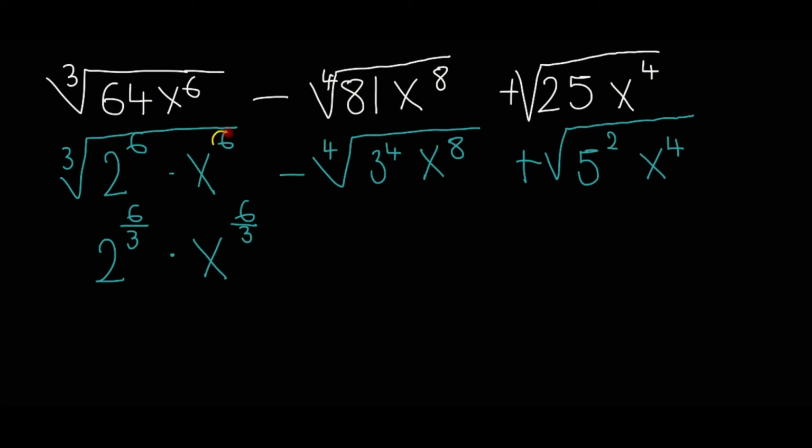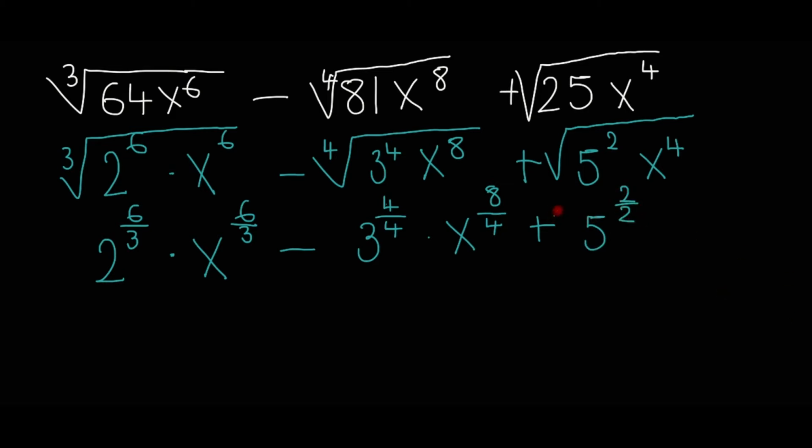So this one is divided by this one, and then for this one we have minus 3 to the power 4 over 4. This 4 we divide by this 4, and then write the same thing, we have x to the power 8 divided by 4, and then we have plus 5 to the power 2 over 2.